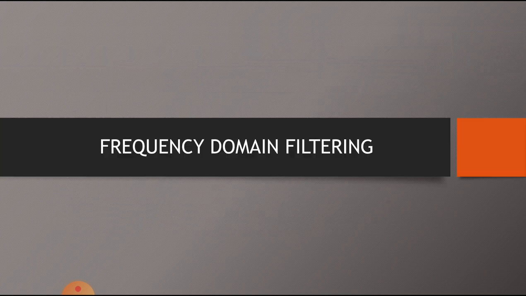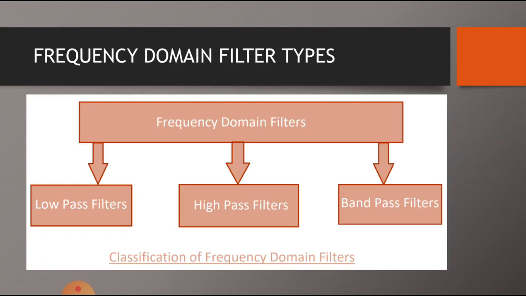Next we will move on to frequency domain filtering. In frequency domain filtering, we convert the image to the frequency domain. Here we have three different operations: low pass filtering, high pass filtering and band pass filtering. This is the classic definition. Low pass filtering allows only the low frequency signals. High pass filtering allows only the high frequency signals, and in band pass filtering you have a particular frequency range for the signals.